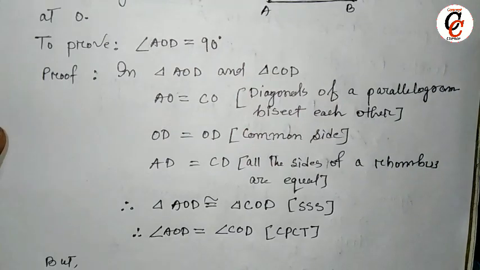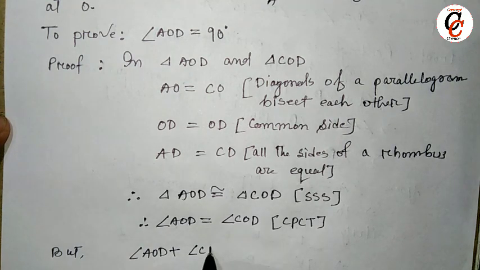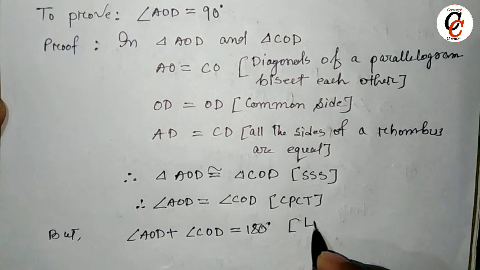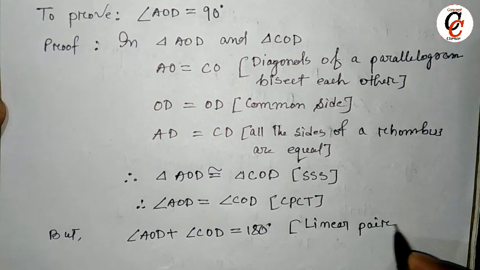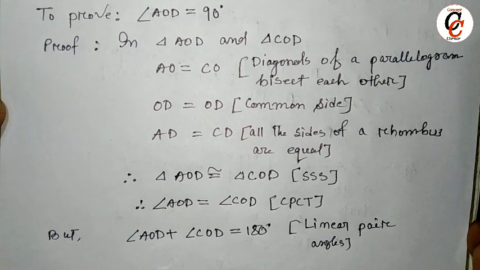So you can write angle AOD plus angle COD is 180 degrees. Why 180 degrees? They are linear pair angles.